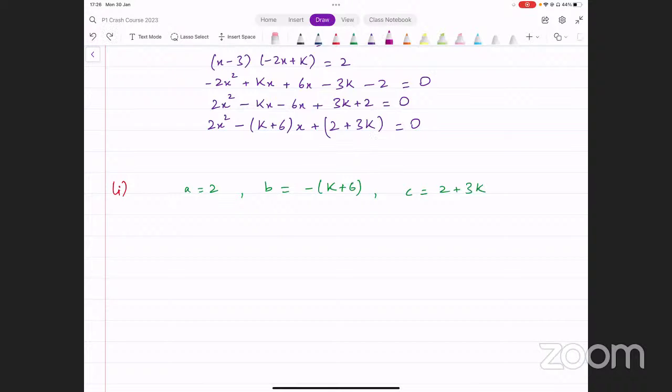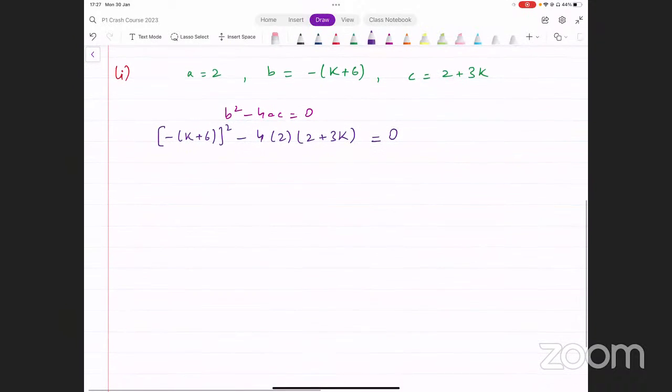And now what we do is we put b square minus 4ac equal to 0. Let's just input values. B is minus into k plus 6 whole squared minus 4 into a is 2 into c is 2 plus 3k. And this should equal 0.